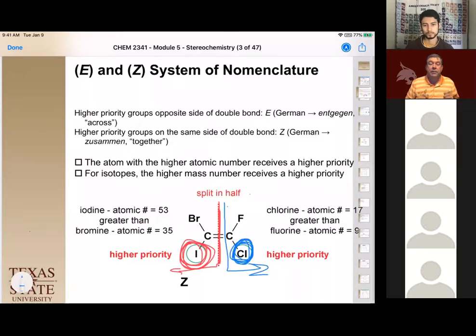So when we name this compound, we would start with the Z in front, saying that it is a stereoisomer with the Z configuration, because the two highest priority groups are on the same side of that double bond. Okay, so that's the first rule of the E and Z nomenclature system: you go by atomic number.